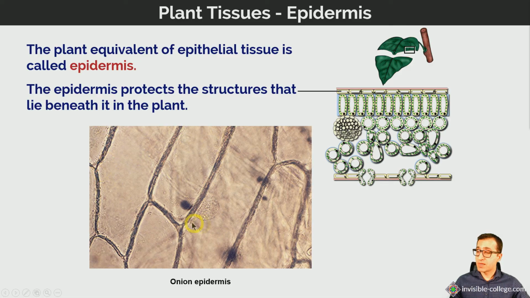So in this micrograph here from an optical microscope, we can see the epidermis of the onion here. And you can see that the cells are linked together in a very similar way to the type of organization that you find in the epithelium of an animal.